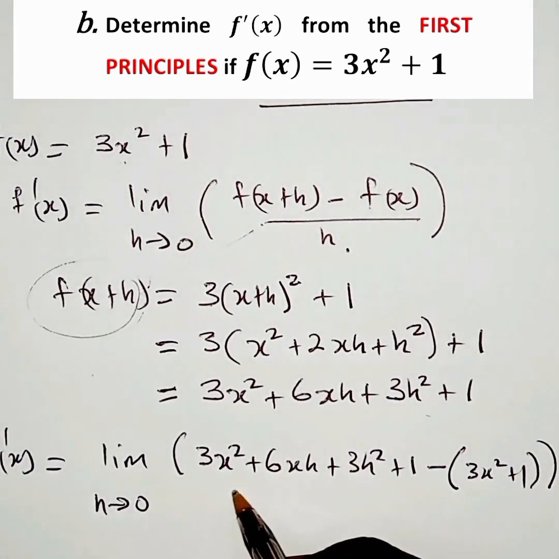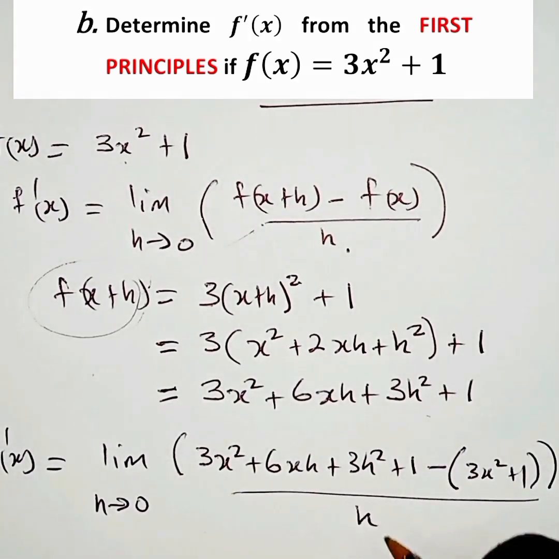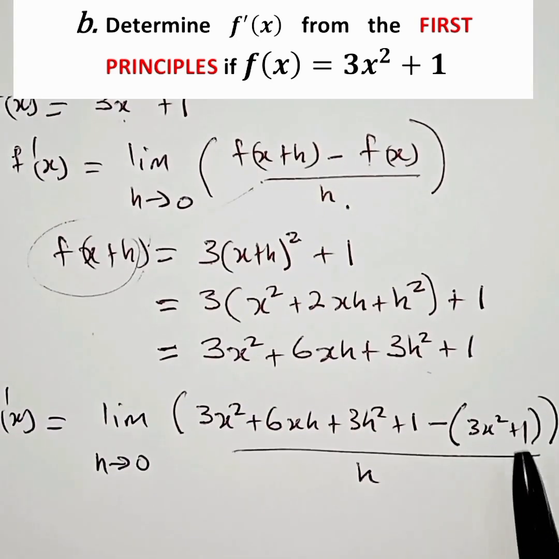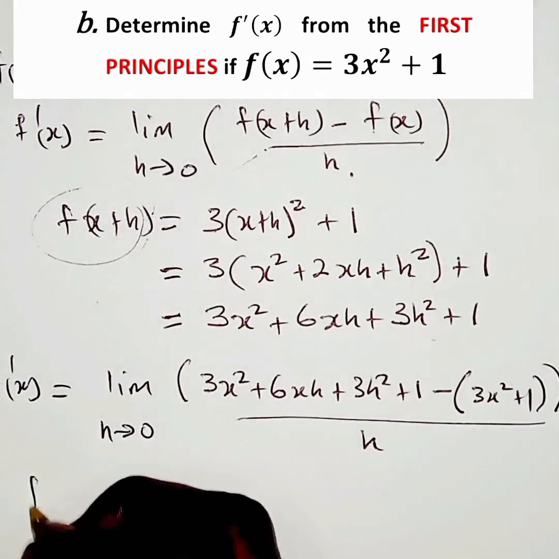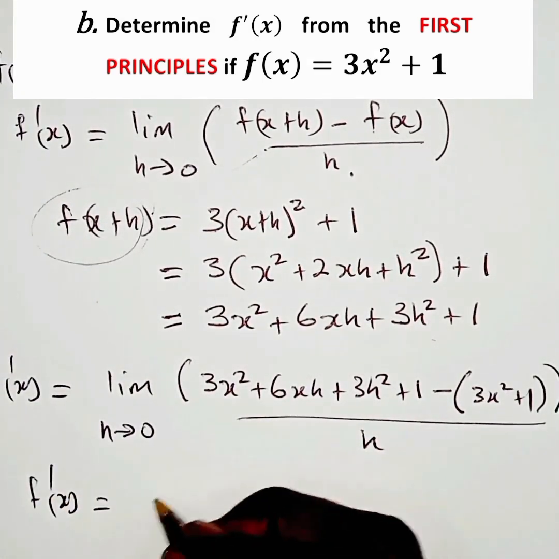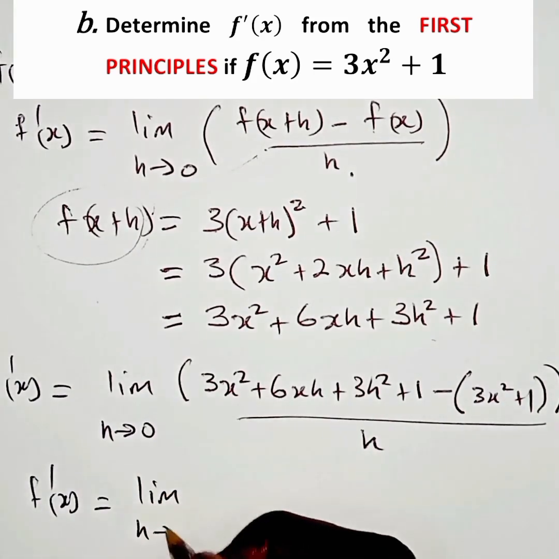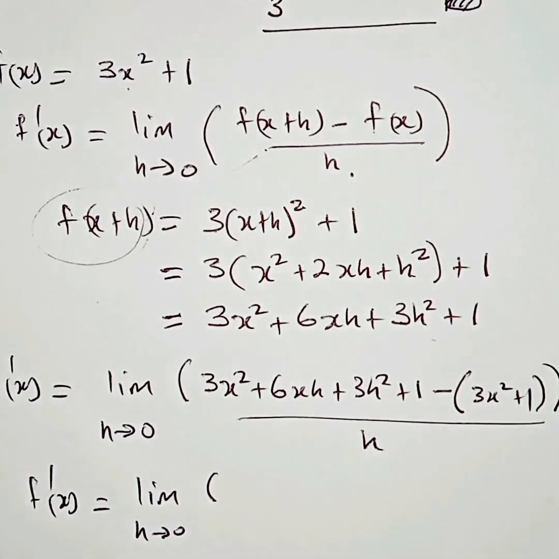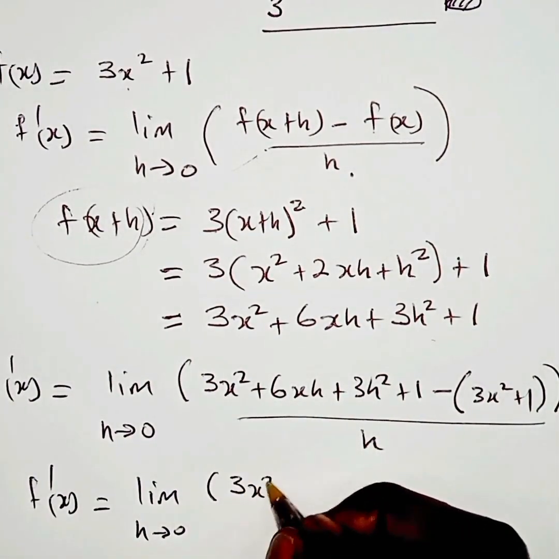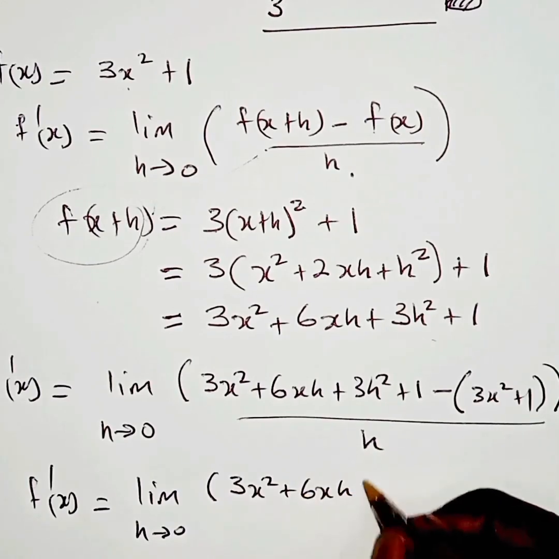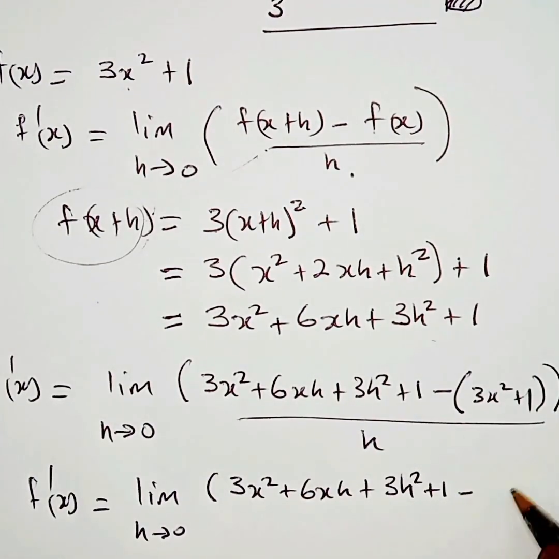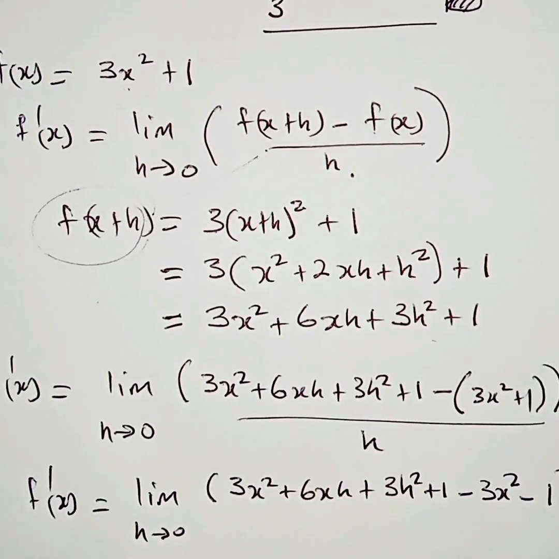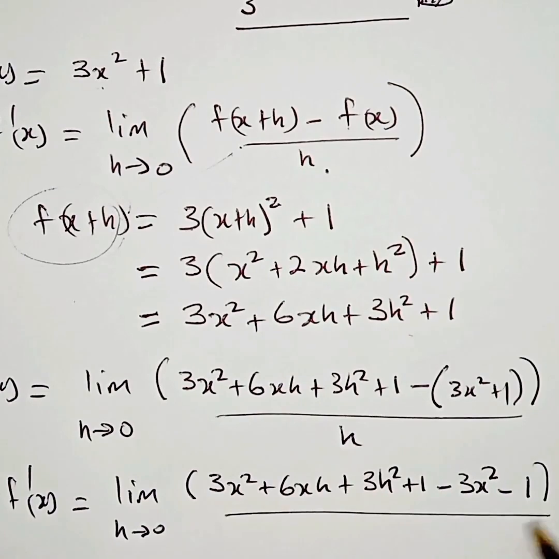All right, then all of this is being divided by h. Now I'm just going to remove this bracket here. We're going to have f prime x is equal to the limit as h approaches 0. So I'm just going to rewrite whatever is there: 3x squared plus 6xh plus 3h squared plus 1 minus 3x squared minus 1, and that is being divided by h.